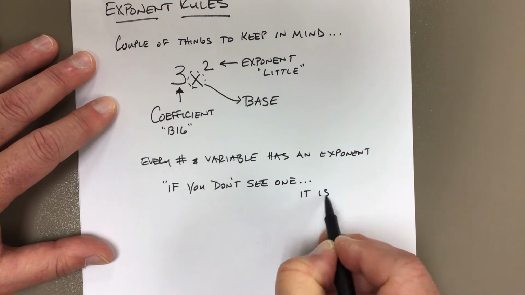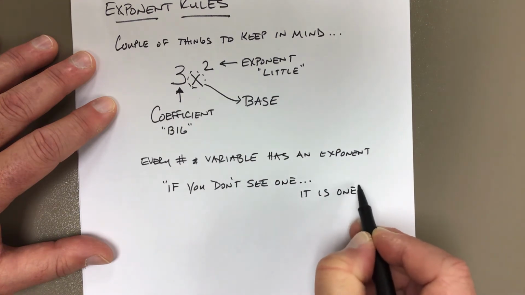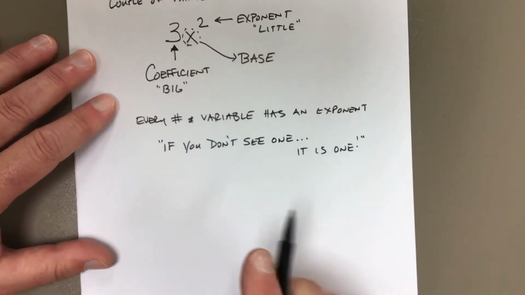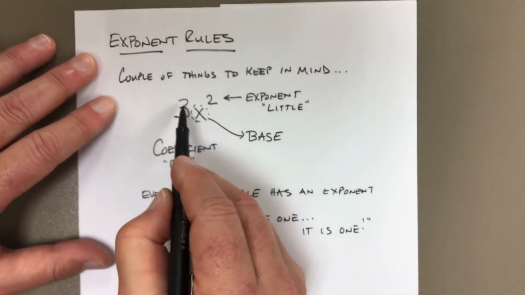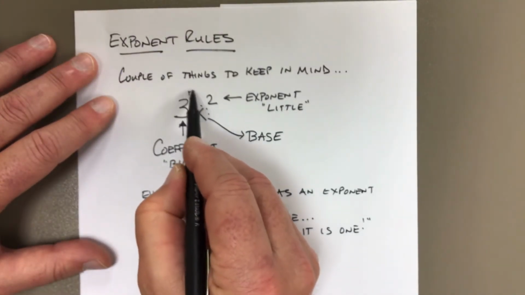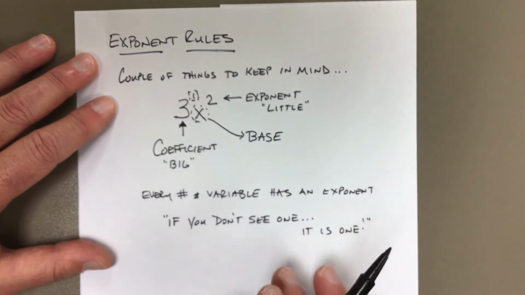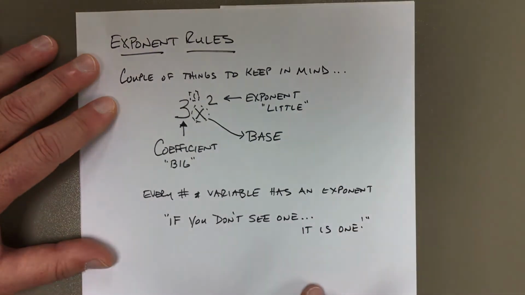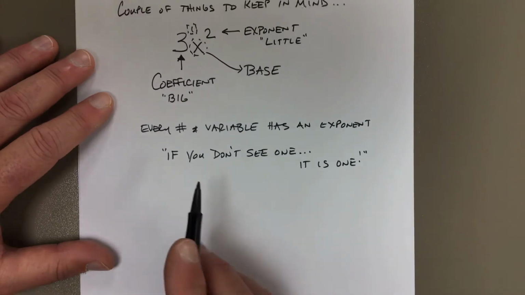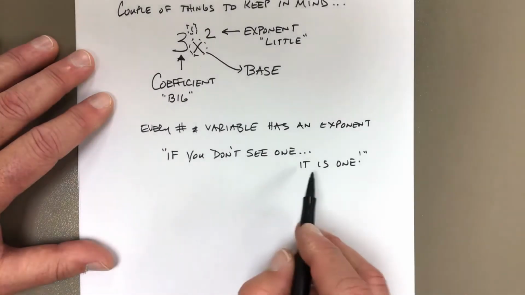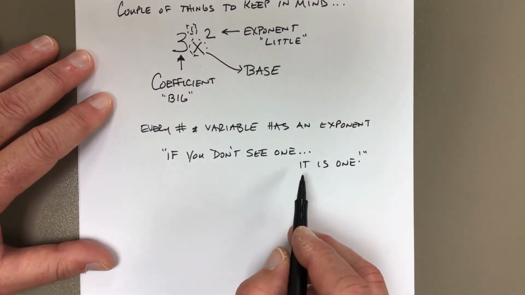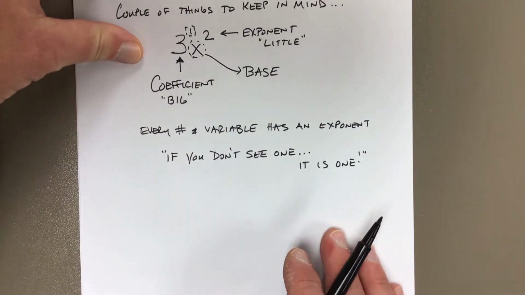This 3 right here has an exponent. We just don't write it down because it's a 1, right? This comes in handy when we're talking about some of these rules. We have to remember that everybody has an exponent of 1. All right? Okay, so let's get into our first one.